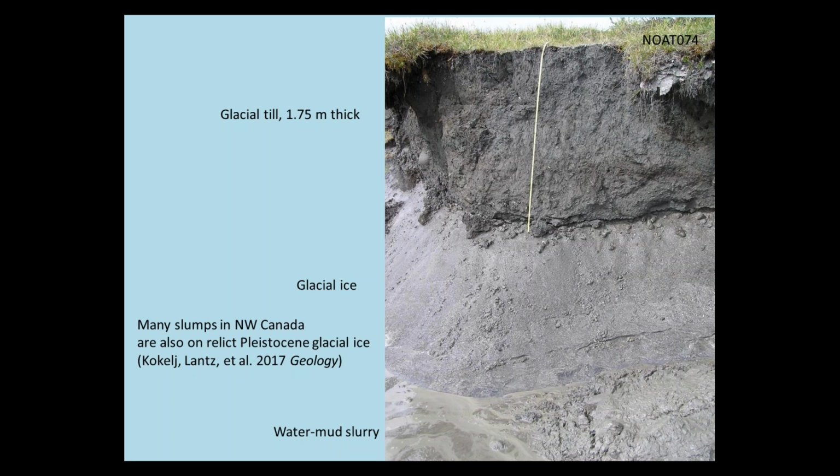You can get thaw slumps from other kinds of ice, but in landscapes where you have a lot of glacial ice preserved, you've got a real good setting to produce thaw slumps, and so they tend to be really common in those landscapes.